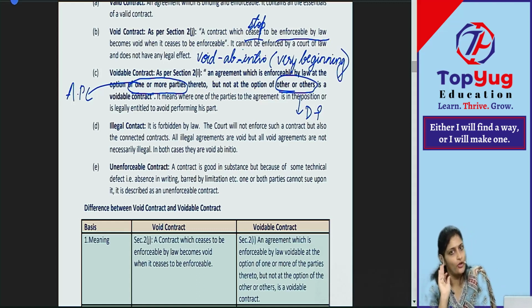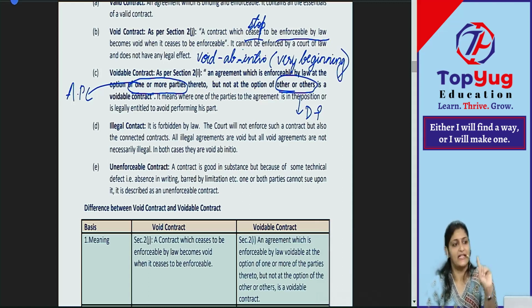So for today, we are going to stop here. Tomorrow, we are going to continue again. So what have we done today? We have done the essential elements of a valid contract, very, very important. And in types of contract, based on validity, we have seen three types. So what are those three types?